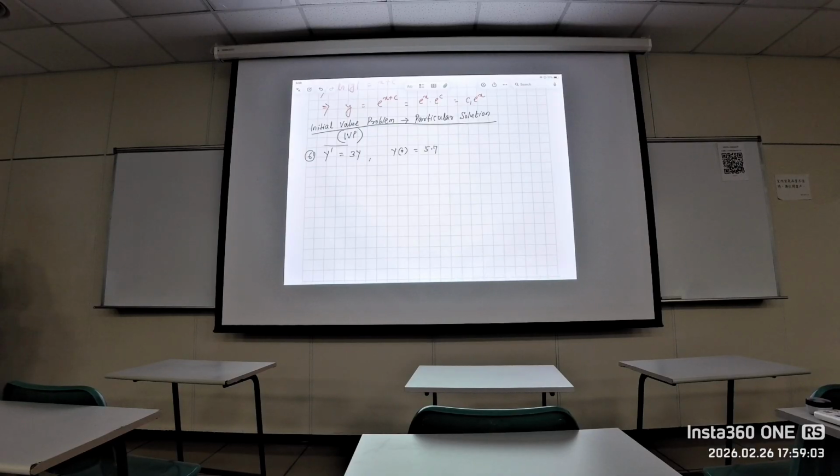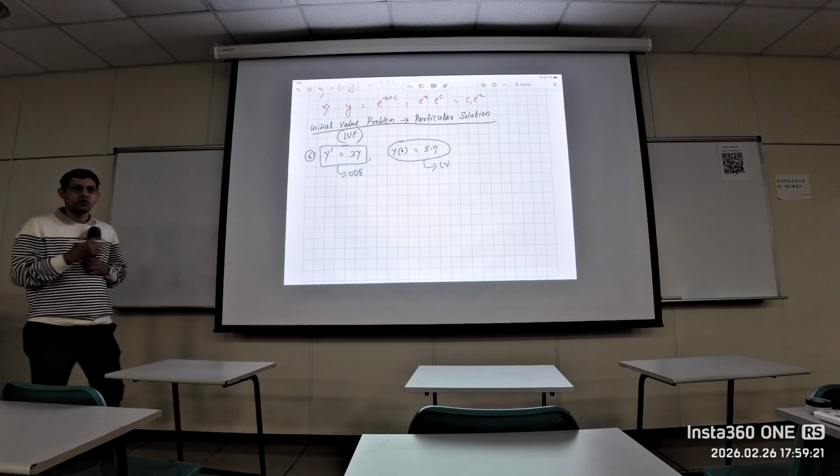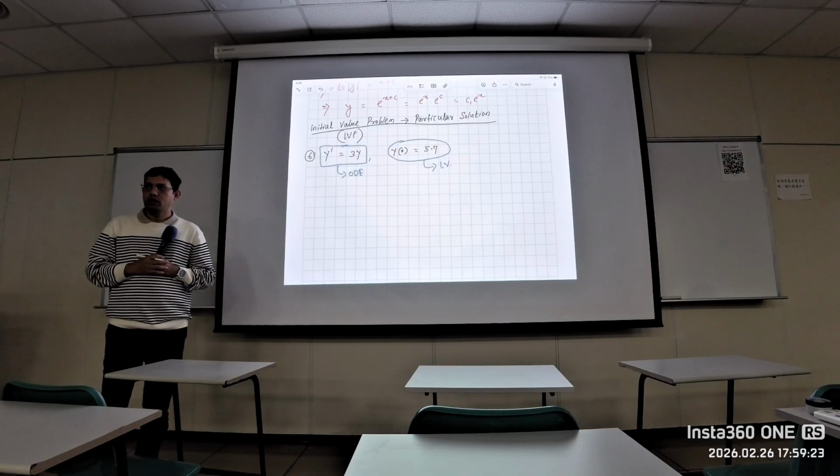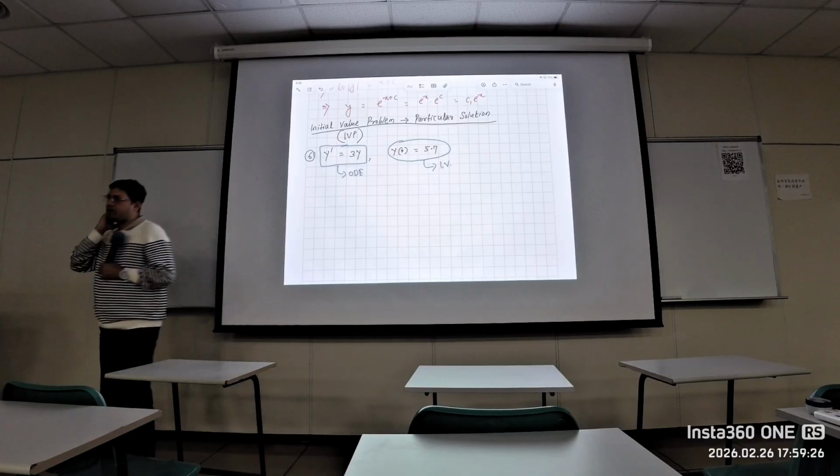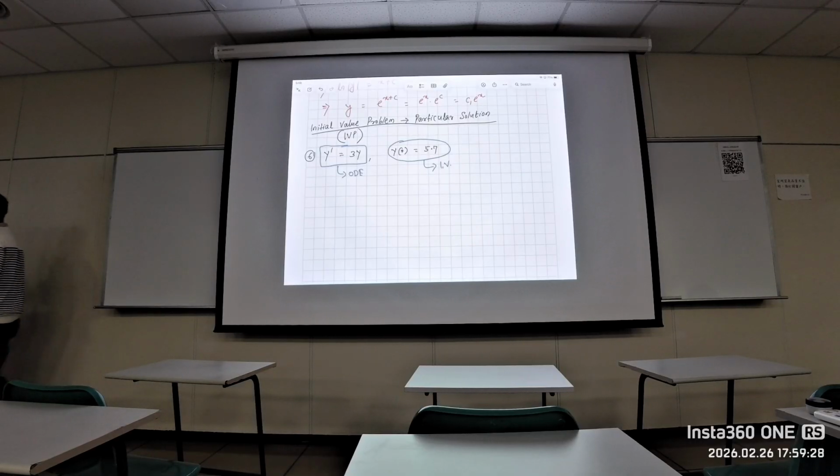This one is the given ODE we want to solve, and this one is the initial value given. Our objective is to find the particular solution.